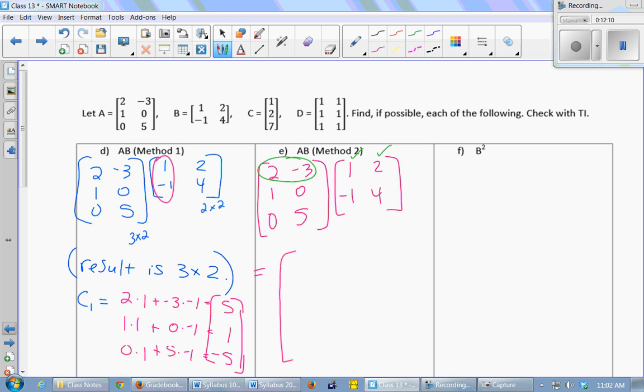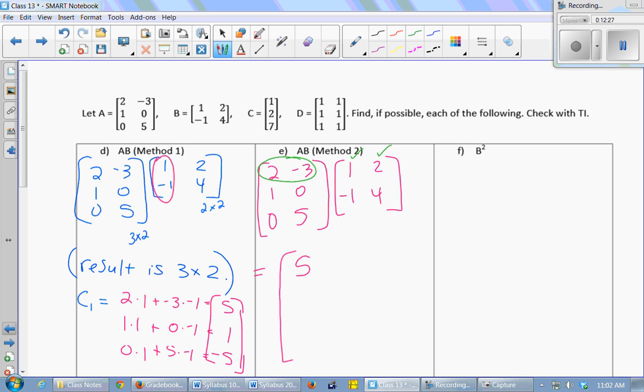So I have 2, -3 times 1, -1. You do the 90-degree flip, lay it on top. So you have 2 times 1 plus -3 times -1 is 5. So that's my first entry in row 1.